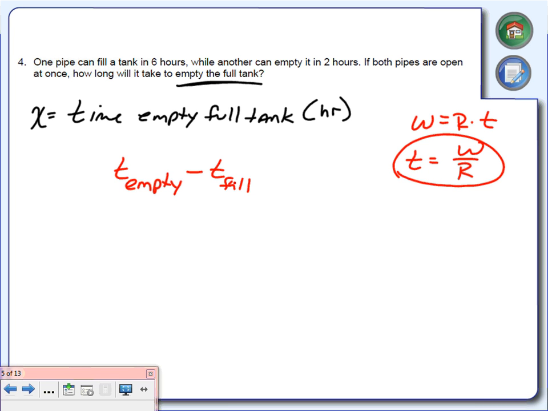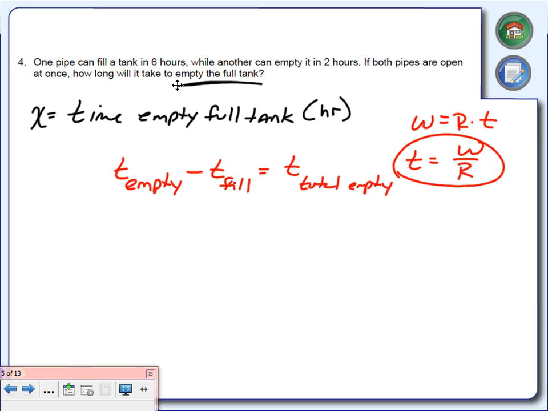That's why we're subtracting. Whatever I'm putting in, I want to make sure I'm taking it out. That's going to equal the time to totally empty out this full tank.